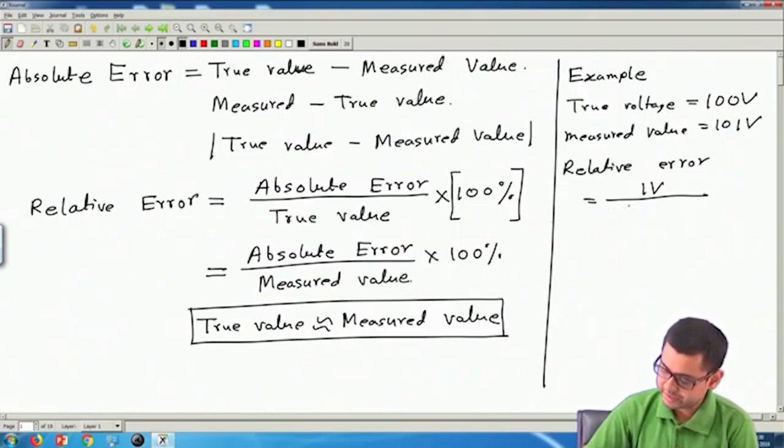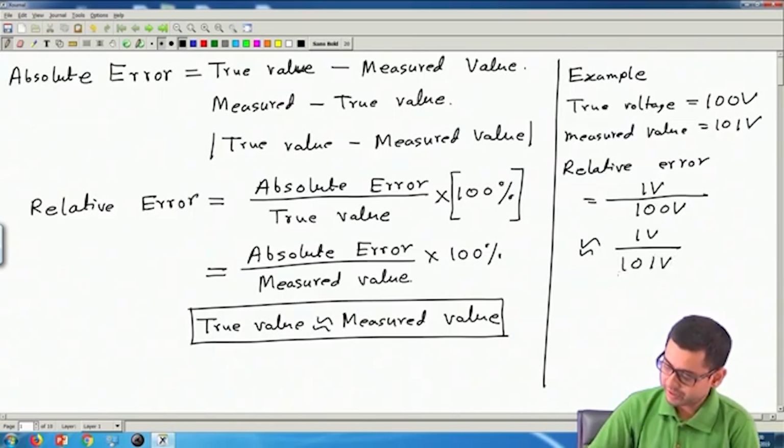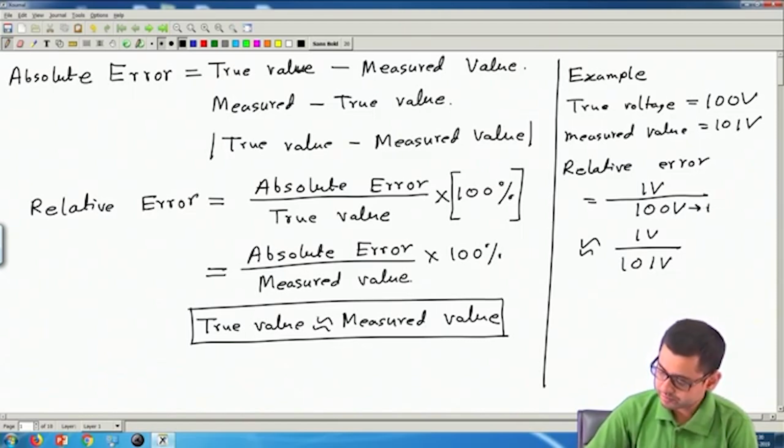You can divide either by 100 volt, which is approximately equal to dividing 1 volt by 101 volt. These two numbers are the same. This one is absolute error divided by the true value, and this is the measured value.